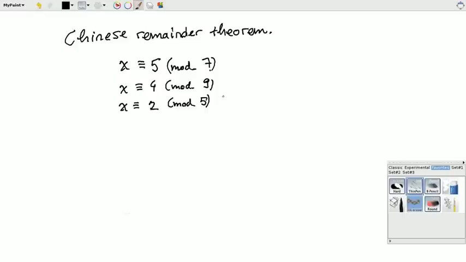The Chinese remainder theorem can be applied if those numbers are all relatively coprime. That means that when I take any two of those numbers, like 7 and 9, then their greatest common divisor is equal to 1.